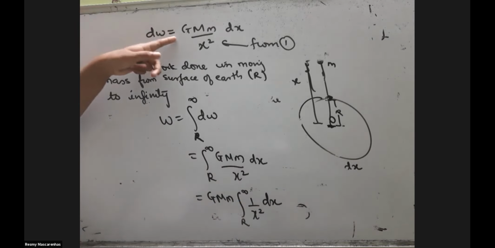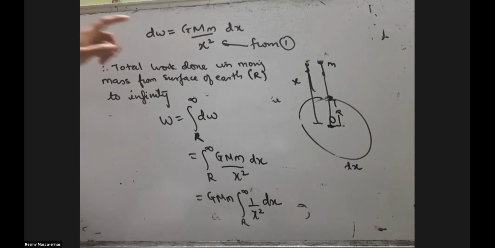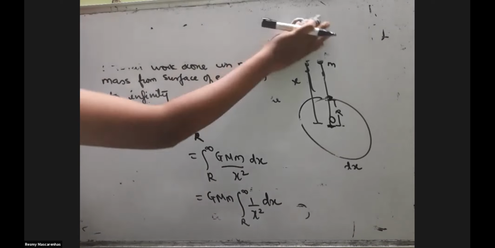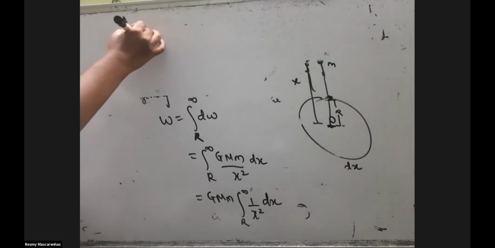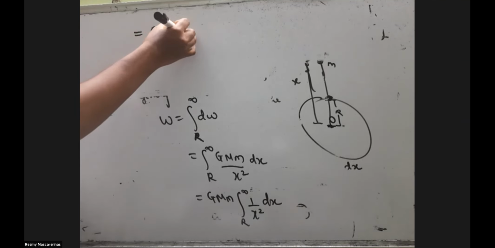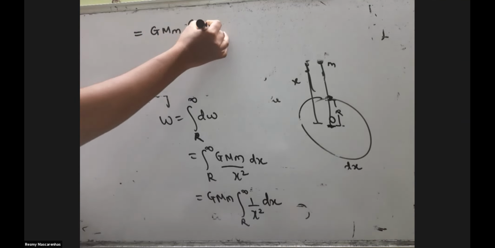Here we have not taken minus because we are not calculating potential. In the previous derivation we used minus because potential we always take negative. Here we have taken normal positive. This will be x raised to minus 2.